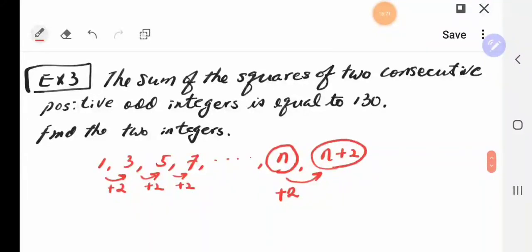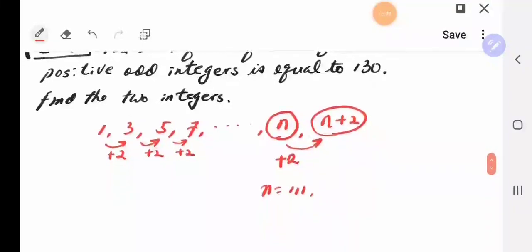So let's say n is the first positive odd integer. Then the consecutive second positive odd integer will be n plus 2. So if n is 111, then the next odd integer will be 2 more than this one, so n plus 2, which is 113.